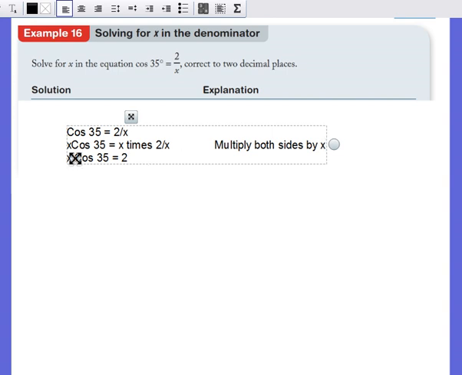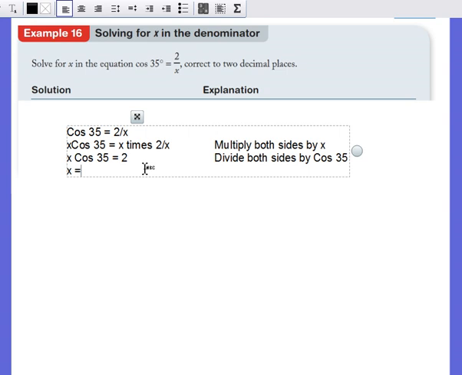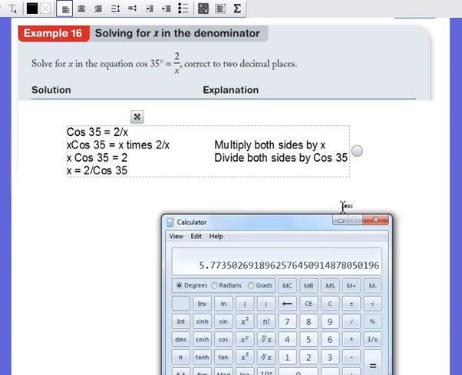Now I still have a problem because I've still got x being multiplied by cos 35 and I want x by itself. So my next step is going to be to divide both sides by cos 35. So this leaves me with x on this side, and x is equal to 2 divided by cos 35 on this side. Use our calculator? Let's do it.